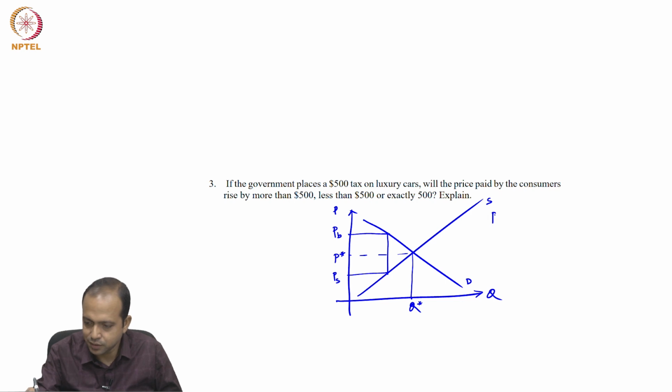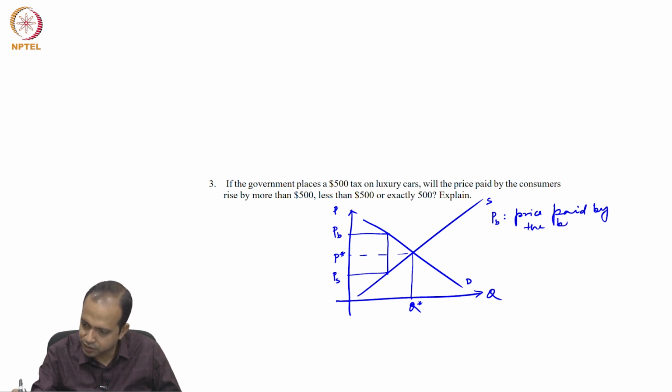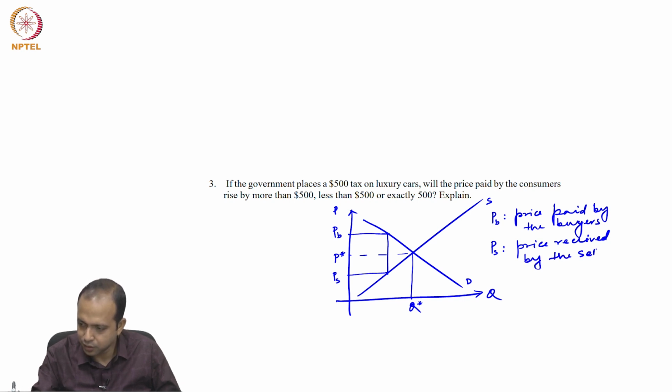PB is the price paid by the buyers, PS is the price received by the sellers, and the difference between PB and PS is the tax.